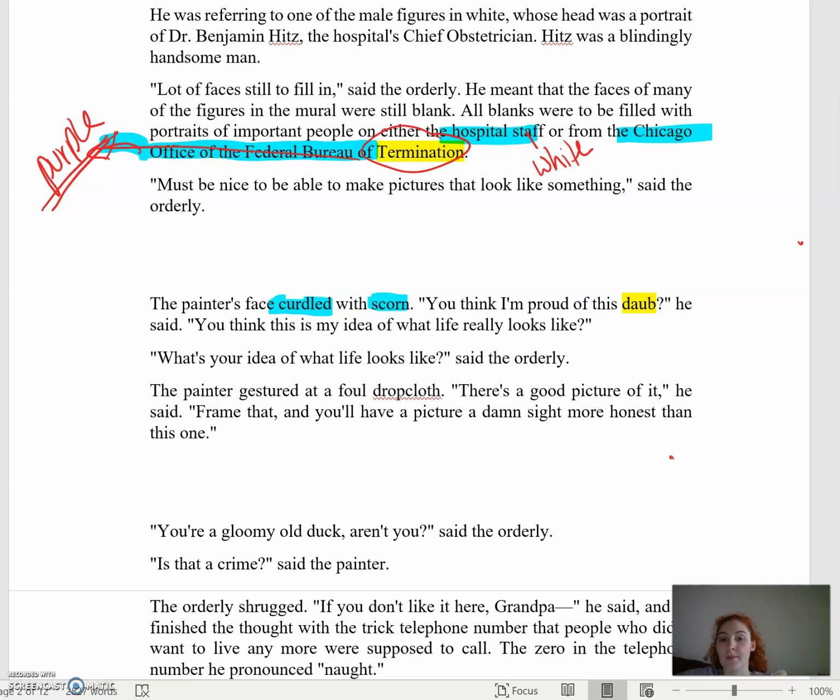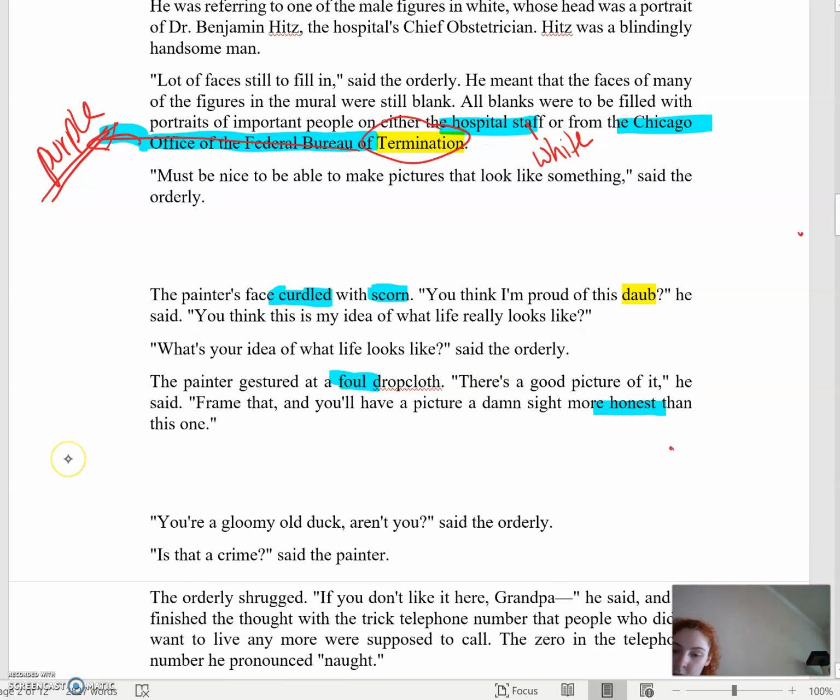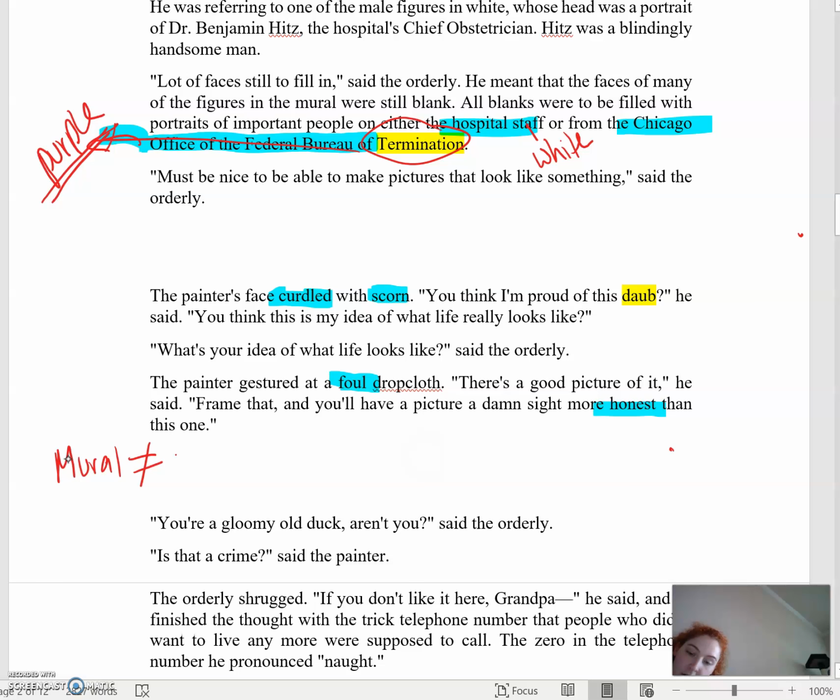But at the end of the day, there's something about how this mural is not an honest representation of life. The mural does not represent an honest reality.